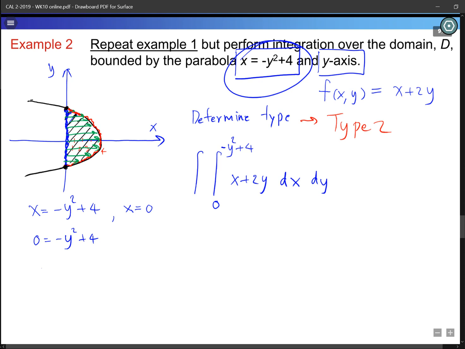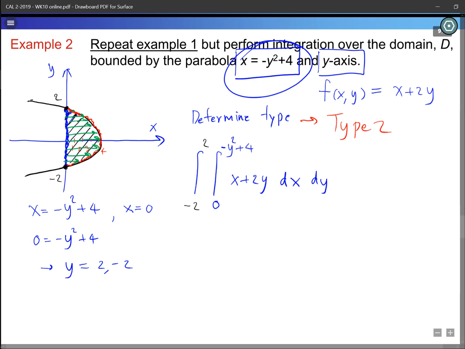And you can see that solving this, we have y equal to 2 and minus 2. So we have 2 right here, minus 2 right here, and 2 right here. So we know y has to range from minus 2 to 2.